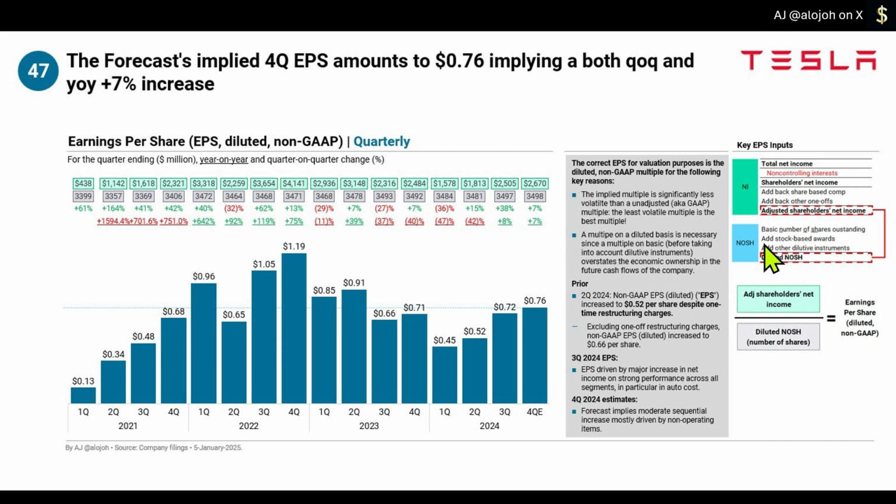But the important thing to remember is the typical adjustments you should make are readily disclosed by Tesla. So this is not something you have to mess around with. You can literally find diluted NOSH directly in Tesla's disclosure. So you take these metrics, divide one by the other, and this gives you the earnings per share on a diluted non-GAAP basis. So keep this in mind.